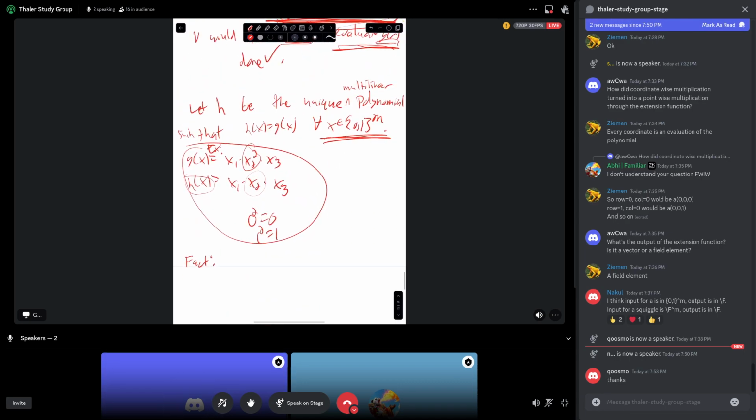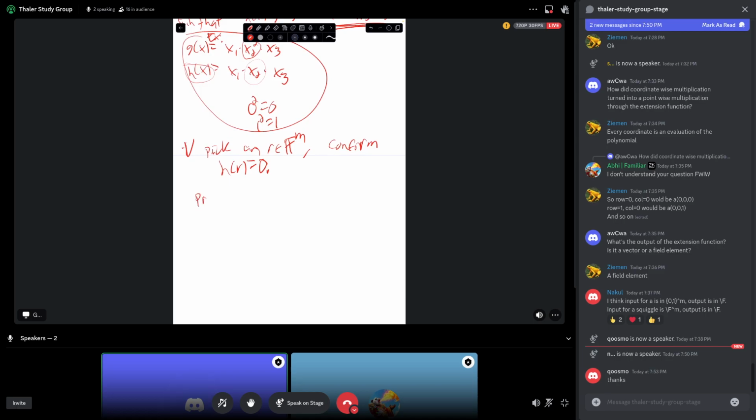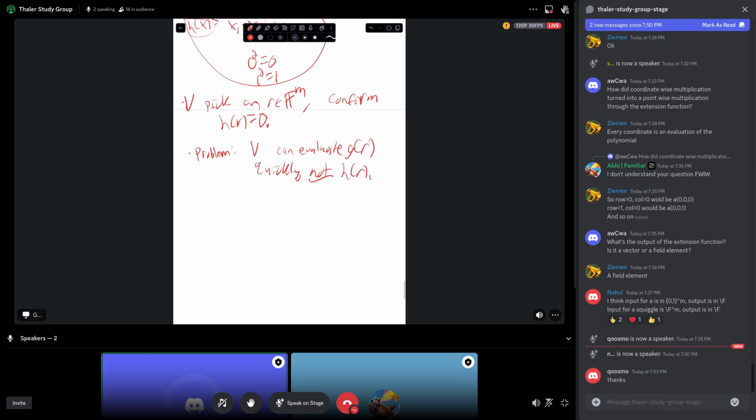So what the verifier is going to do is pick an r at random in the field and confirm h of r is 0. This is exactly my fact from before, except the fact now does apply because h is multilinear even though g wasn't. Okay, so the problem, which I also flagged in response to the question before, is the verifier can evaluate g of r quickly at any desired point r, but not h of r.